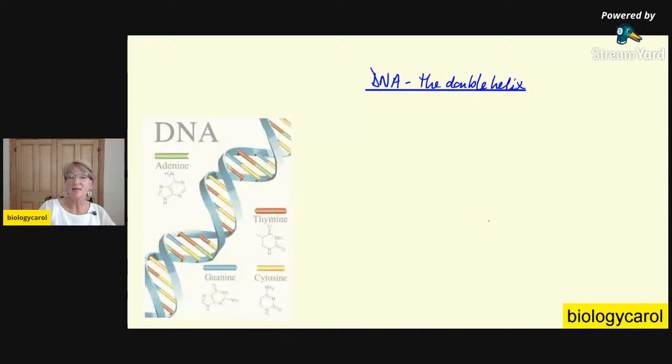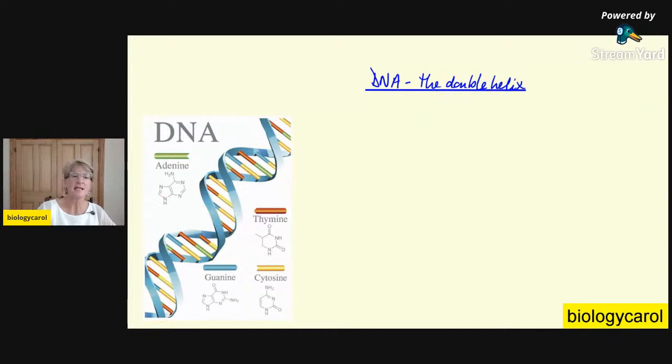Let's start with a very brief description of the DNA double helix. This molecule is like a twisted ladder. It's by far the best description. The uprights are the sugar phosphate backbone and the rungs are pairs of bases.